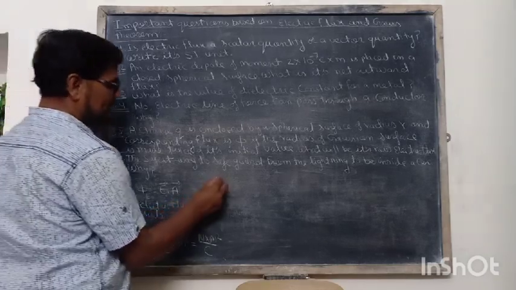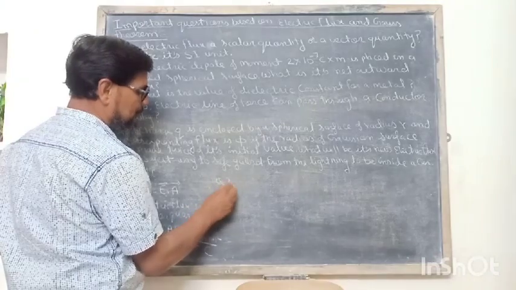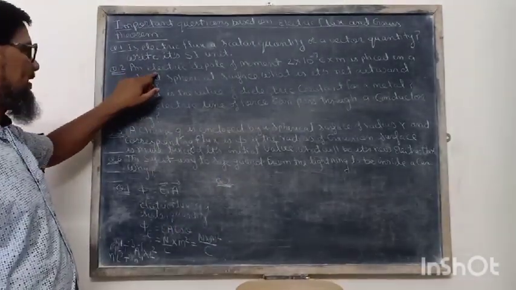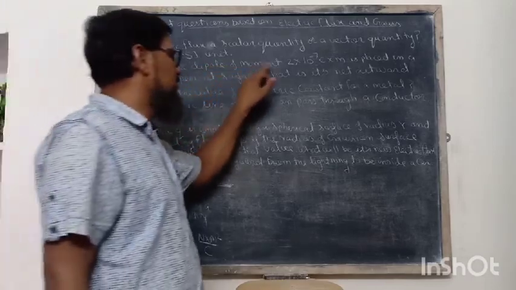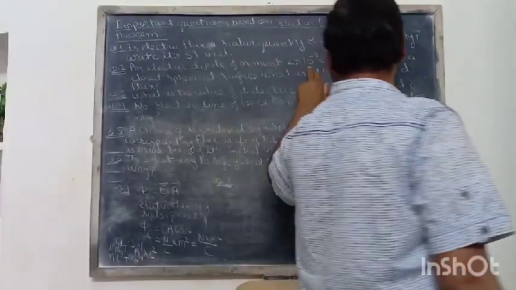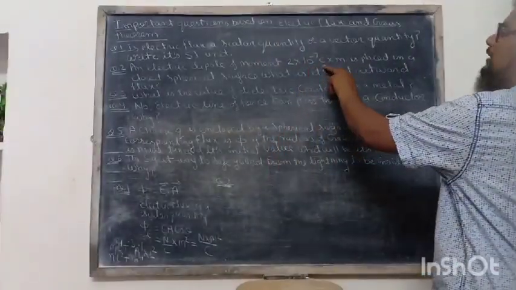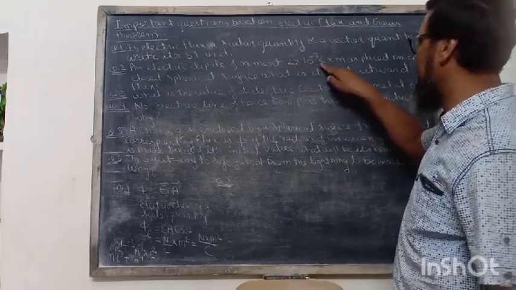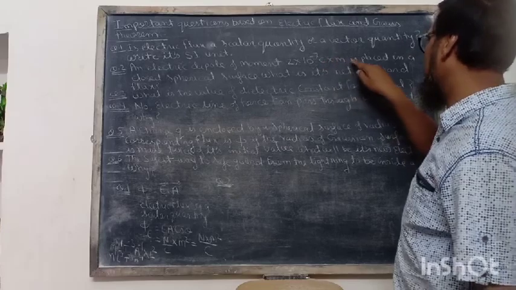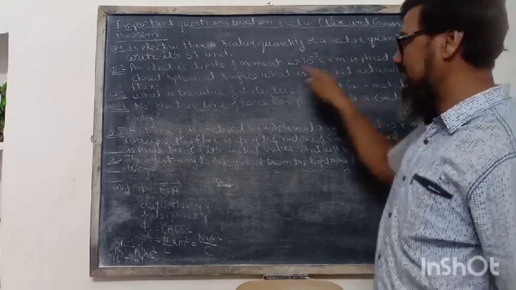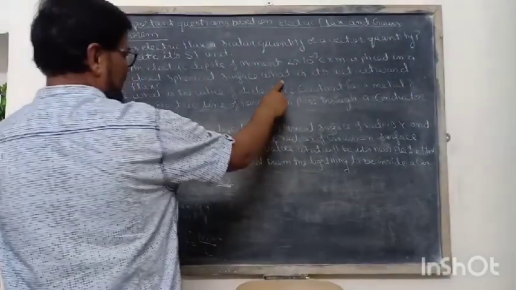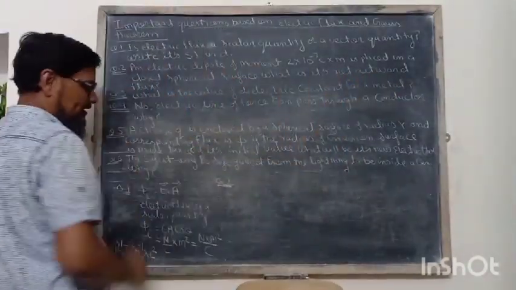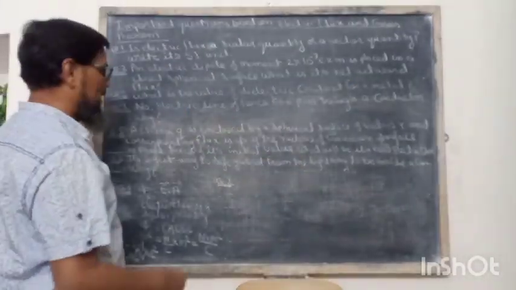Now we shall discuss question number 2. The question is: an electric dipole of moment 2 into 10 raised to the power minus 7 Coulomb meter is placed in a closed spherical surface. What is its net outward flux? This can be solved by the Gauss theorem.